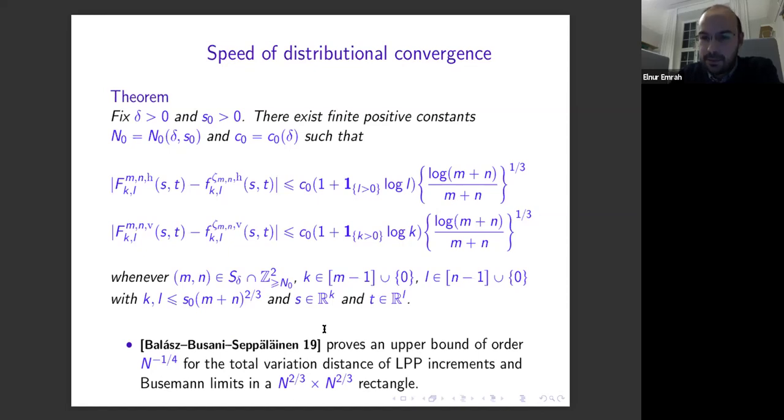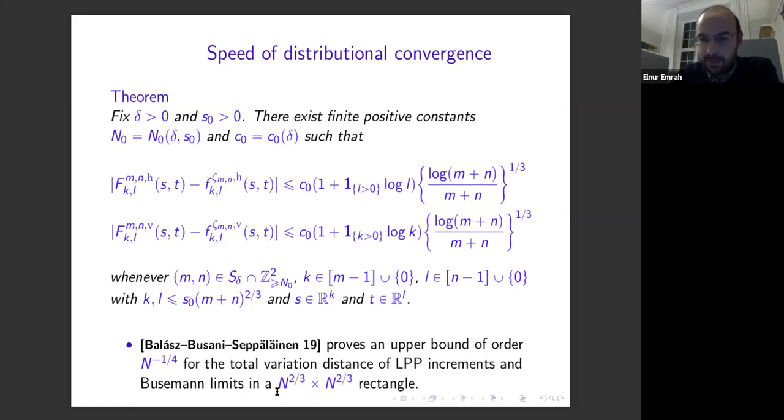And that's also of similar flavor. So they provide an upper bound of order n^(-1/4), slightly worse, but in a stronger mode of convergence, in the total variation distance of the LPP increments and the Busemann limits.